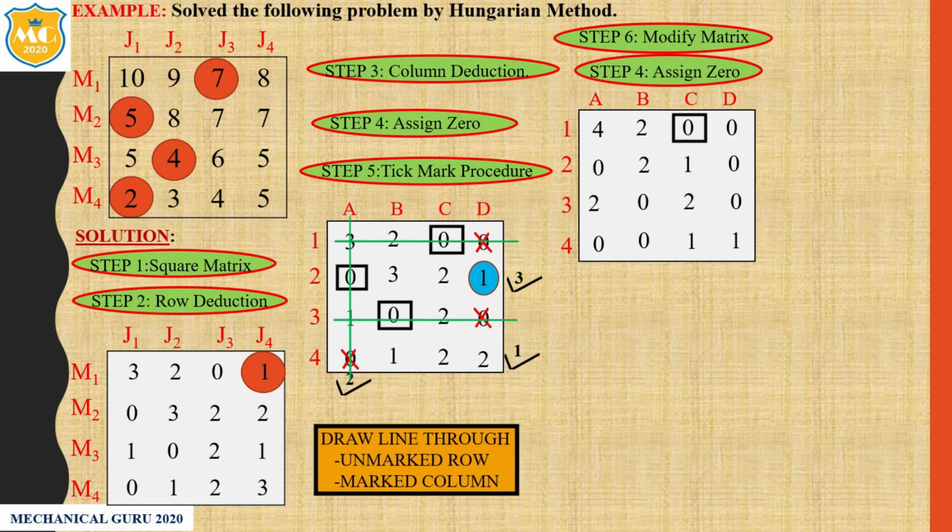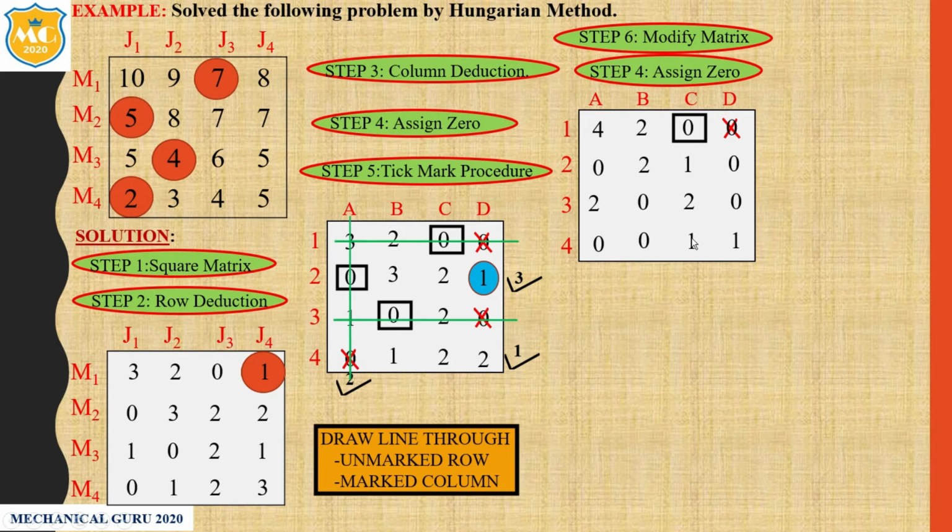So assign it. Now in that row, is there any 0? Yes. So cross it. In the last column, is there any single 0? No. Okay. So here we get more than one solution.